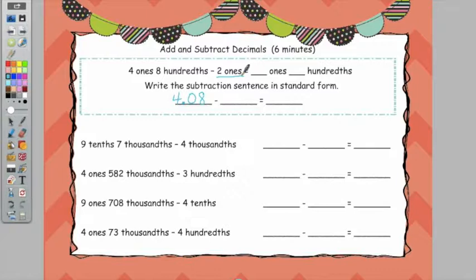So underline that, and draw your arrow to the ones place. So how do I write 2 ones? Just a 2. So I'm going to do 4 minus 2, aren't I? Yeah. What's the answer to that? 2. And everything else stays the same, right?